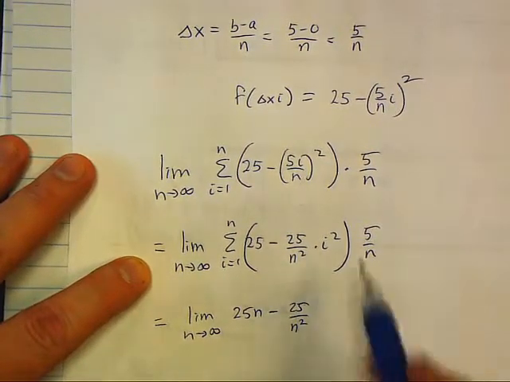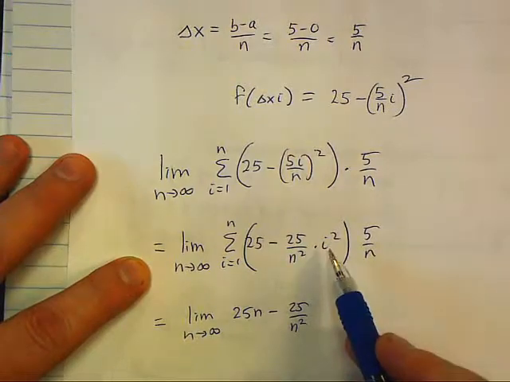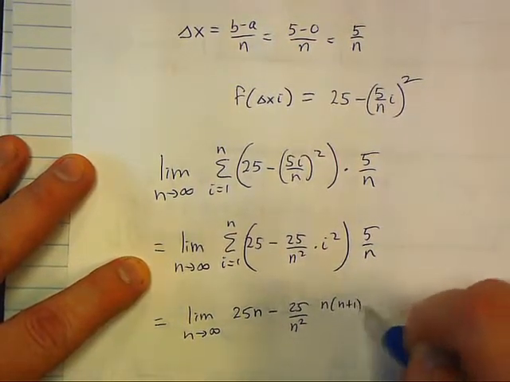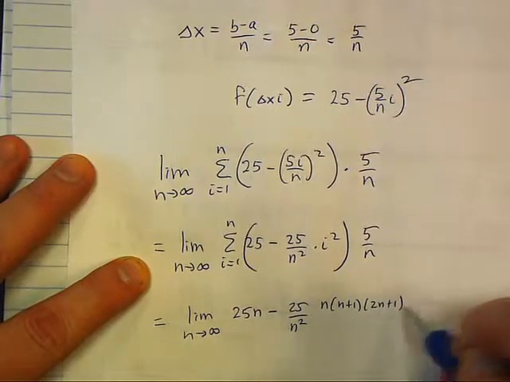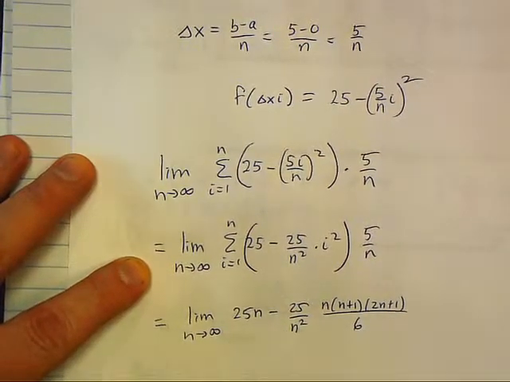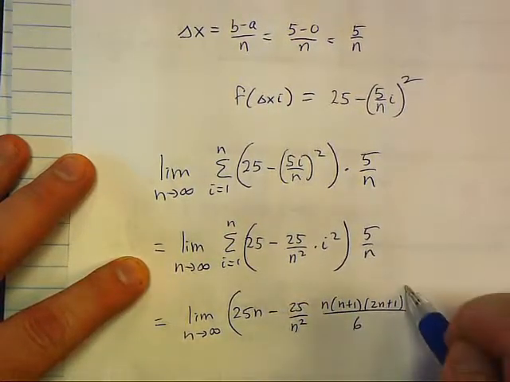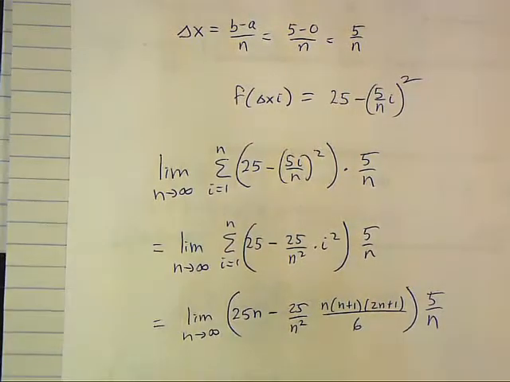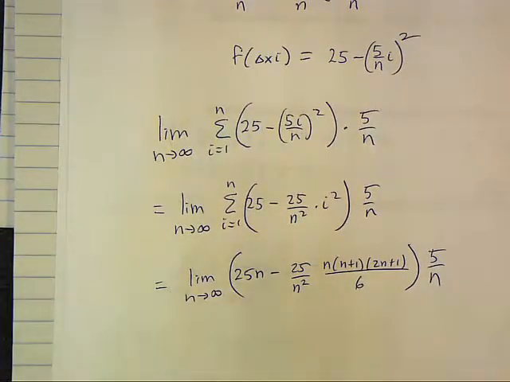And then I use my formula for the sum of i squared, which is n times n plus 1 times 2n plus 1 all over 6. And then I've got a parenthesis around that whole thing. I still have the 5 over n. Nope, I still don't need a common denominator. What I'm going to do is distribute.